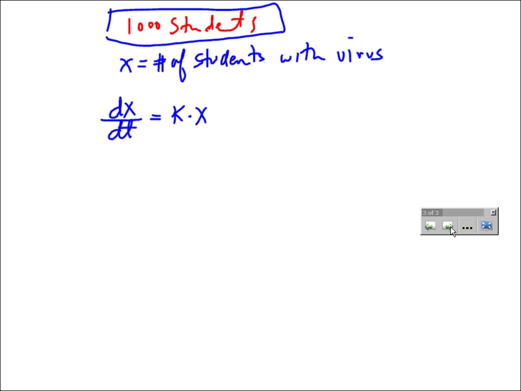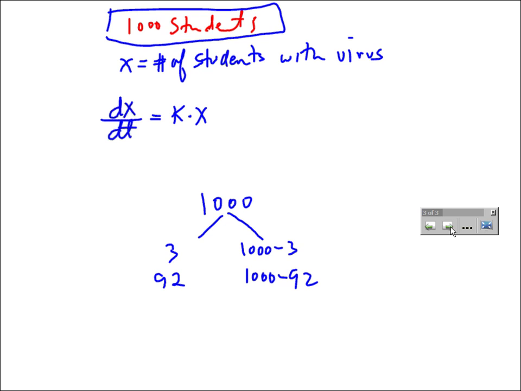Well, if you have 1,000 students and say 3 are infected, how many are not infected? Well, do 1,000 minus 3 and you'll figure it out. If 92 are infected, how many are not infected? Do 1,000 minus 92. Don't be jumping at 8.